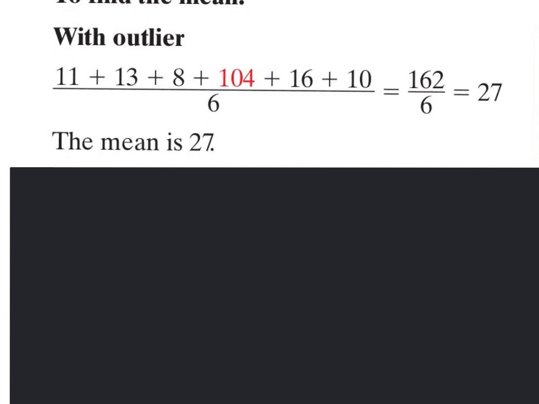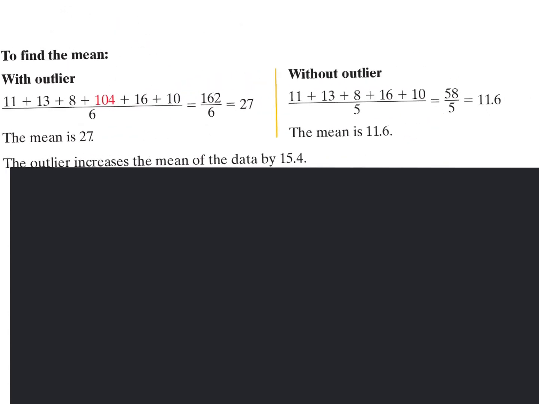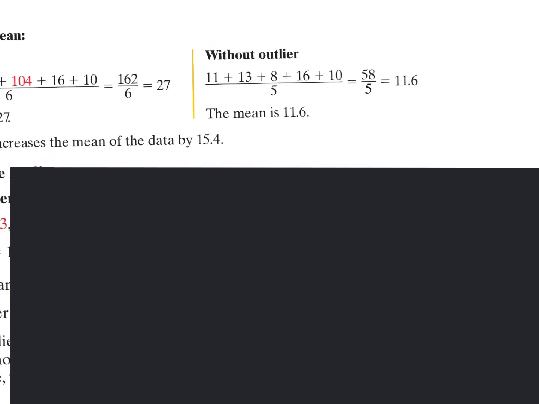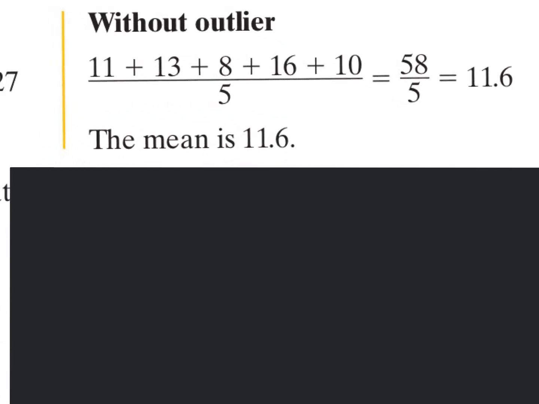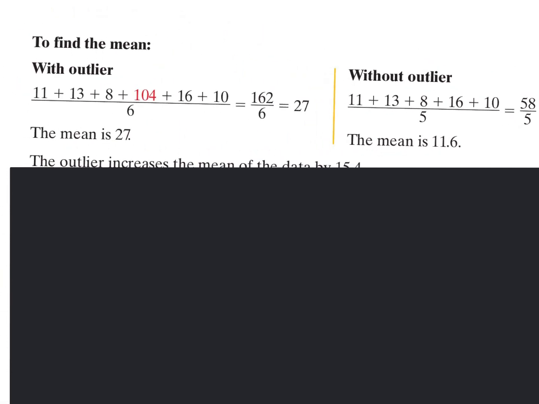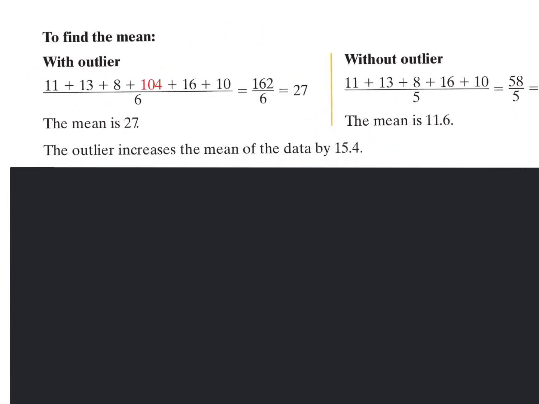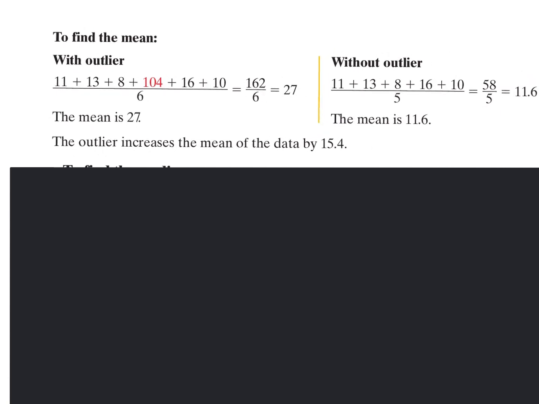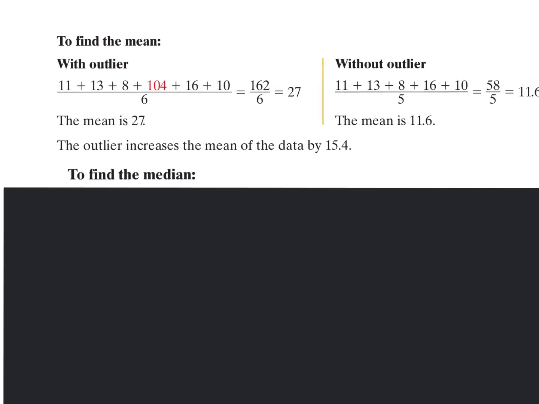So 27 seems way off from most of the numbers. If we figure without the outlier, the mean is 11.6. So 11.6 versus 27, that is a big difference. The outlier really changes the mean.